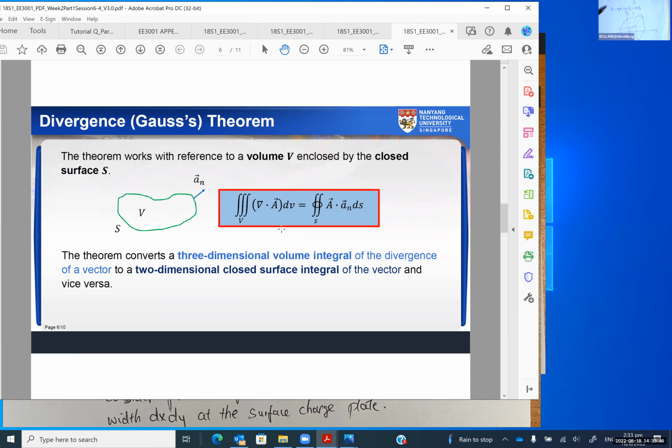So all 6 surfaces of this cube enclose the volume. What are the 6 surfaces? The front surface, the back surface, right side surface, left side surface, bottom surface, top surface. Those 6 surfaces enclose a volume. So just now, when we talk about this closed surface, it is closing up the volume over here.